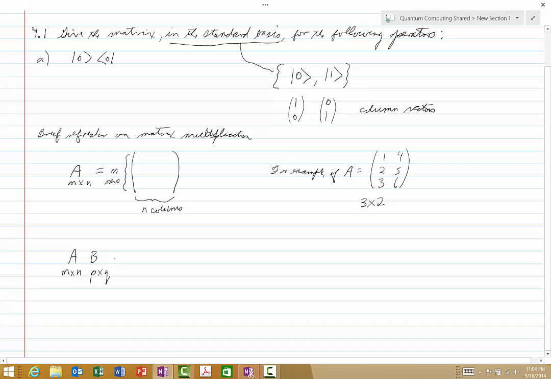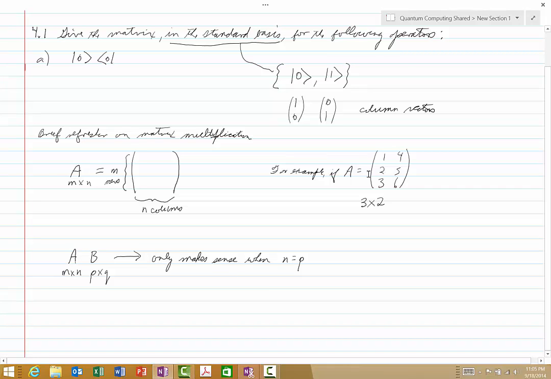First of all, we can say this only makes sense when N is equal to P. So if the second dimension of the first matrix is not equal to the first dimension of the second matrix, this multiplication does not even make sense, and therefore we wouldn't write down this symbol.